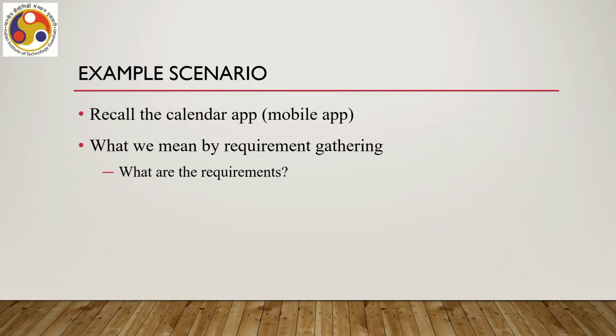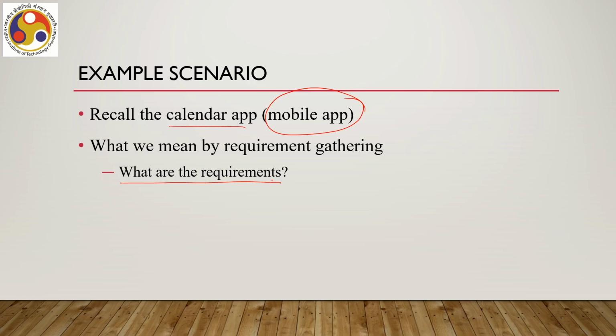Let us try to understand this in terms of one example. In the previous lecture we introduced the calendar application, a mobile application. When we talk of requirement gathering for the calendar application, we know that it has to be developed following a user centered design approach. So, we have to gather the requirements.